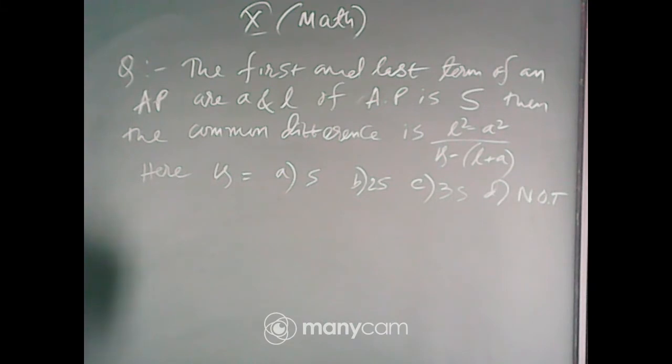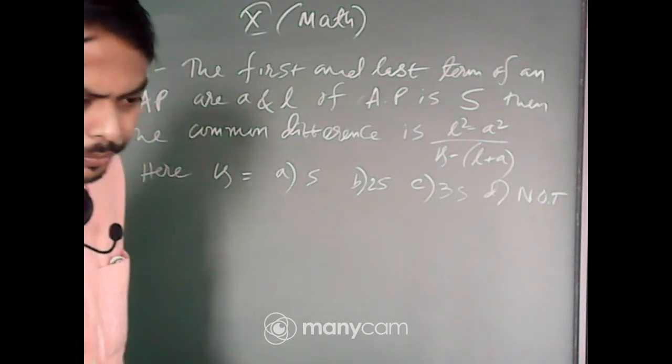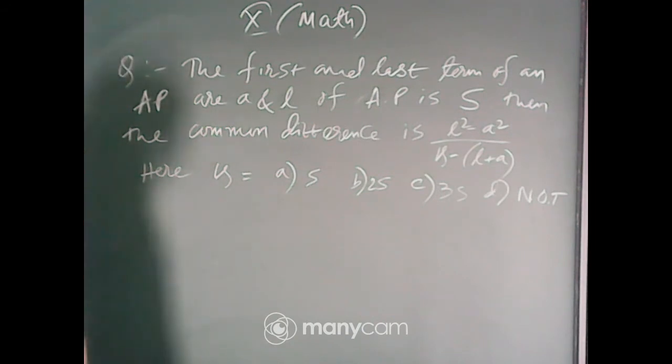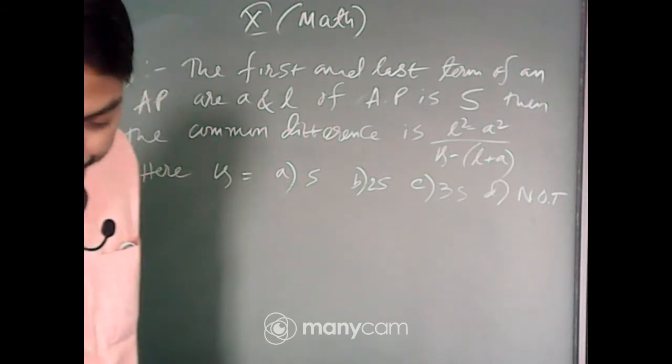Okay, got it. K equals to 2S. Yes, it is the correct answer. K equals to 2S. Option B is the correct answer.